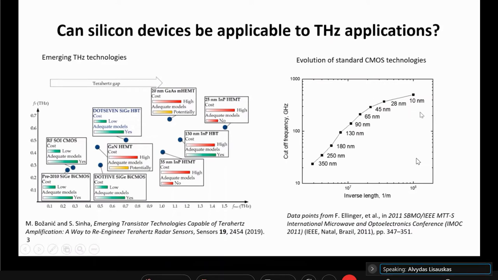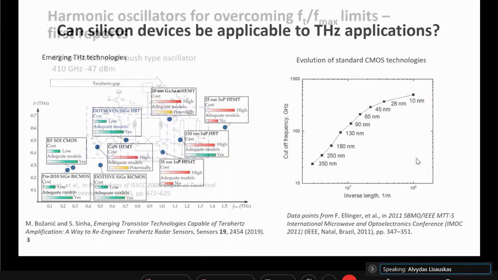And Fmax is even higher than those frequencies. So one message is that the drastic improvement of technologies allowed even standard CMOS to enter fully into the terahertz frequency range. It's not exactly what people developing new technology would address, but it's also a good practical message.